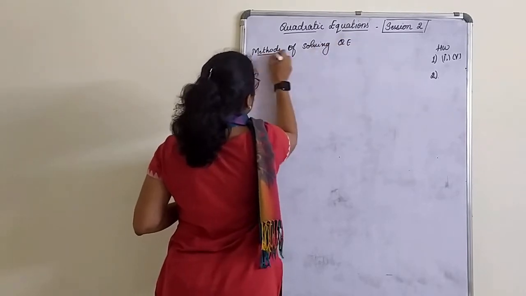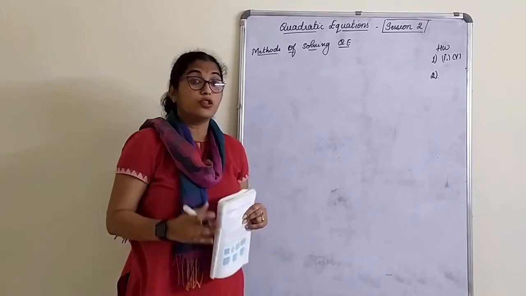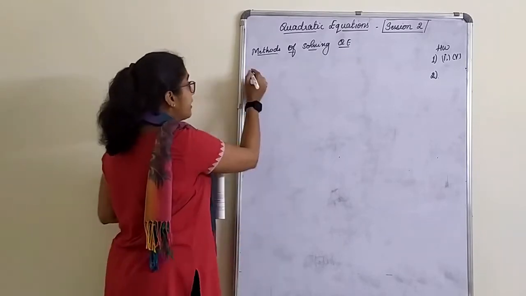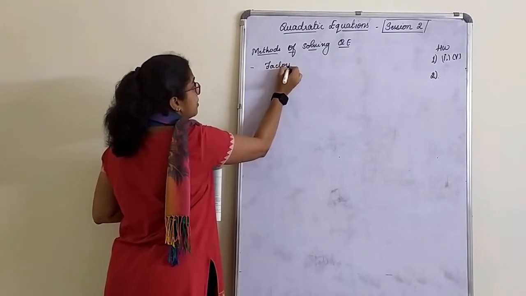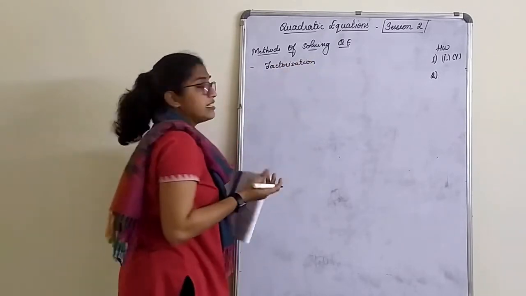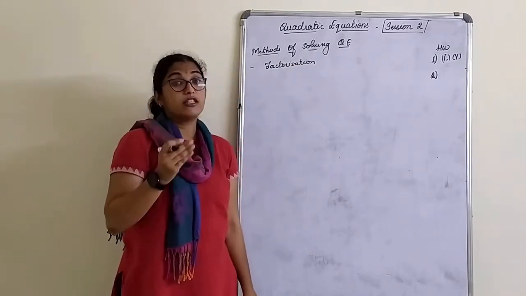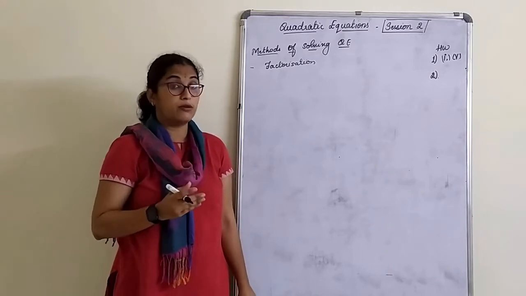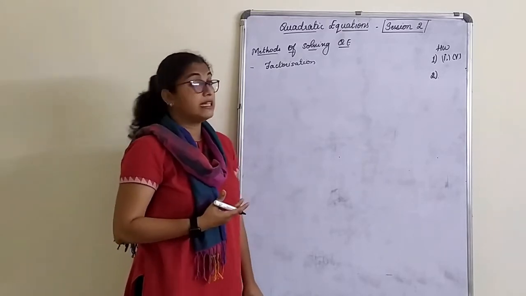To find the solution, that is to find the roots of the quadratic equation, we have three methods. The first is factorization. We are all aware of this method. Factorization is splitting of the middle term. We have also done that for a quadratic polynomial. The same method we use here to find the roots of the quadratic equation.